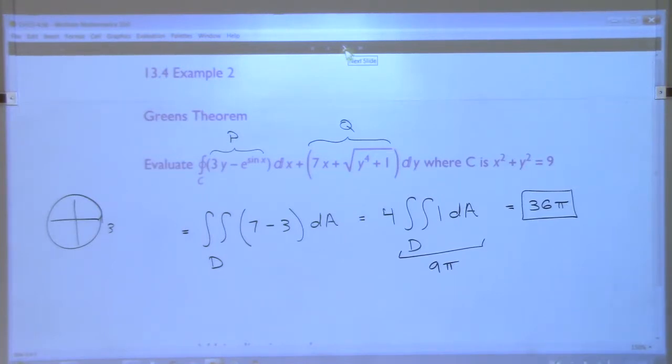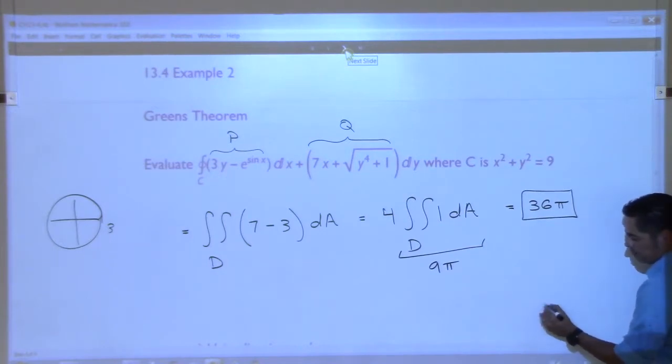So if I were you, sitting there looking at a take-home test or a final exam, and you're asked to evaluate a line integral, and you have a closed curve, I would be thinking, can I do this with Green's theorem? Think about some of the curves that we've looked at in the past.